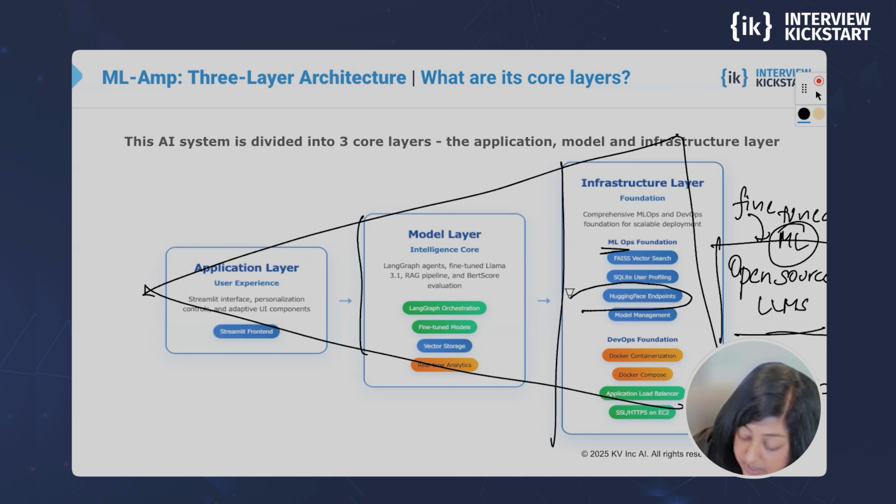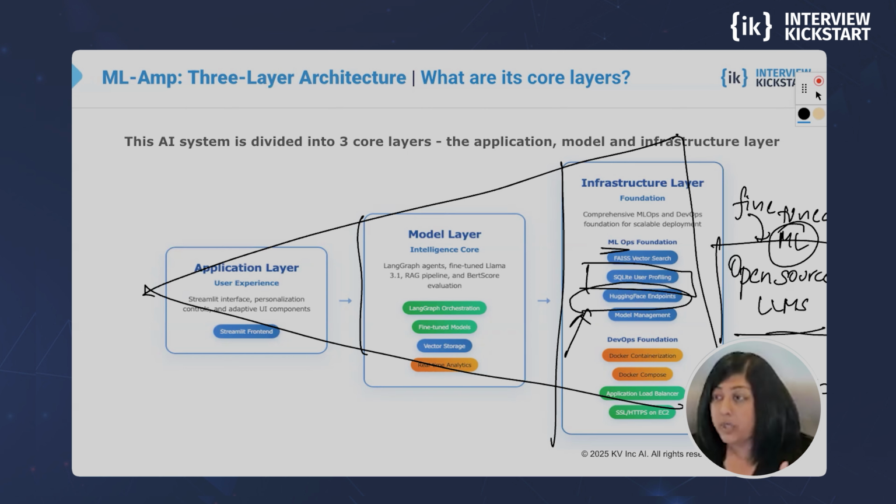I've deployed it on Hugging Face inference endpoints, which come in-house with the model inference optimizations that I needed to give me the latency that I was looking for. Okay. Now, the other MLOps pieces that I factored in is how do I do user profiling for the adaptive and the personalization aspect of it? I used a SQLite DB. I've used a vector search, right? We have a large number of ways in which we can do vector search.